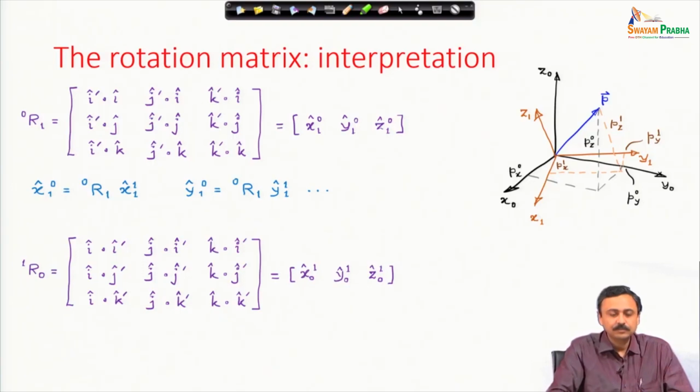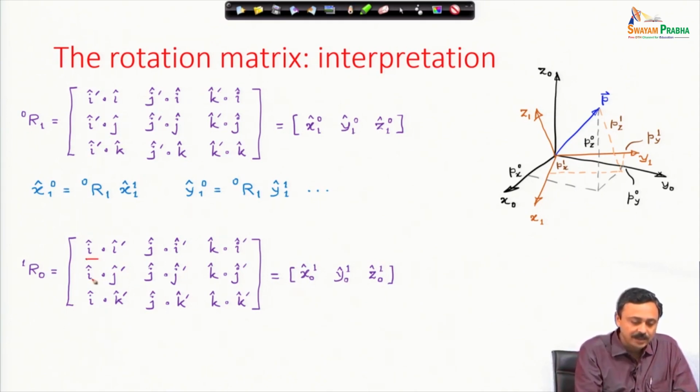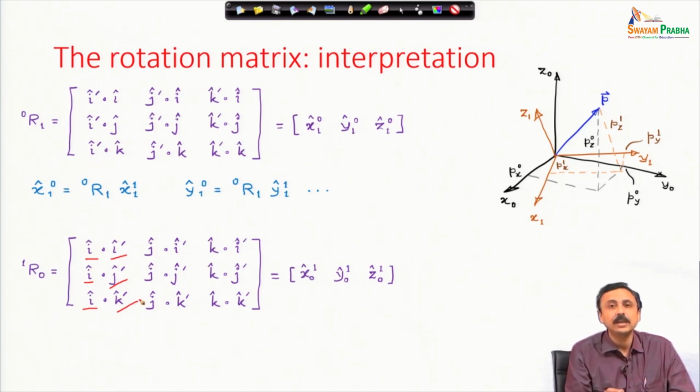The first column is the representation of x 0 in frame 1. I have taken I cap and taken its dot product with I prime cap, j prime cap, k prime cap. These are the direction cosines of the I cap unit vector in x 1 y 1 z 1.